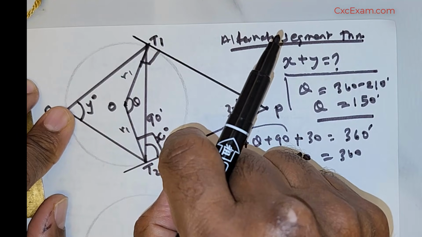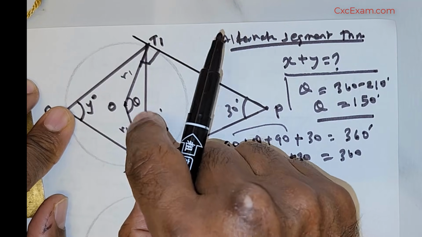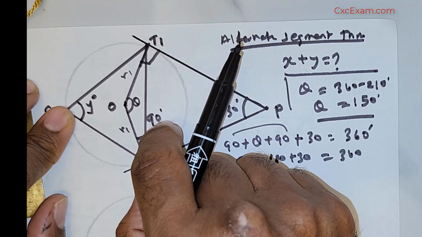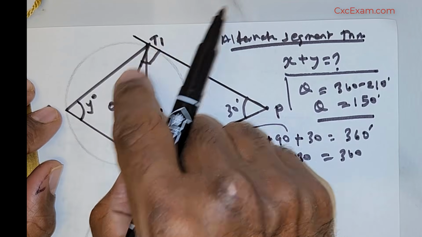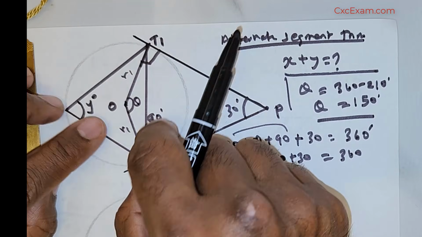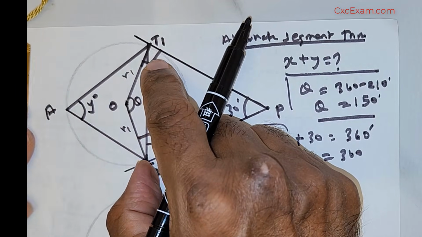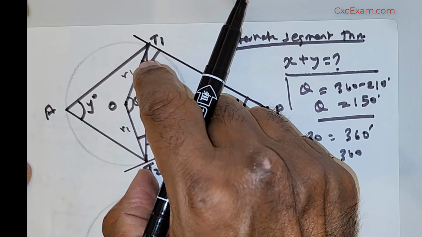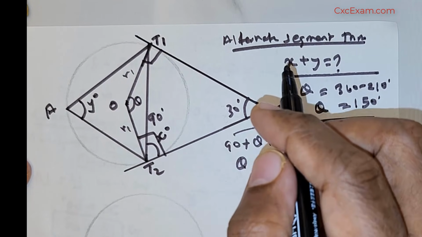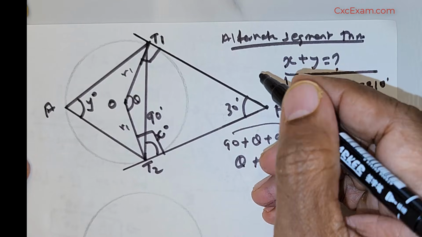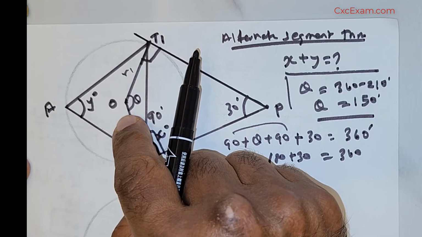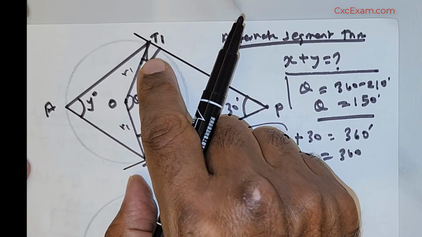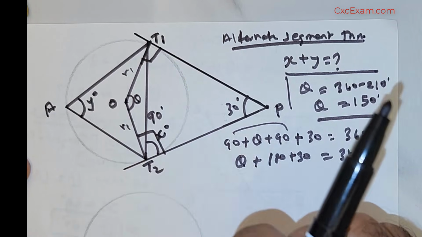The angle created by this chord with a tangent is the same as the angle subtended by the chord at the circumference, right? But in this case we are going to be considering the angle subtended by the chord at the center. So what did we learn in the previous theorem? The angle subtended by the chord is actually twice the angle made by the chord with a tangent.